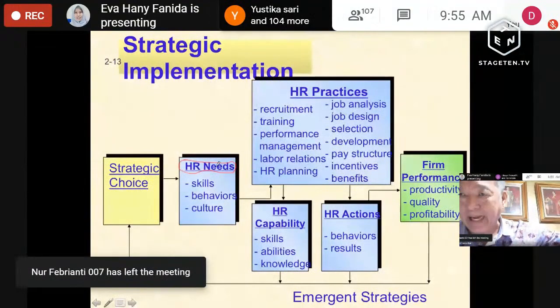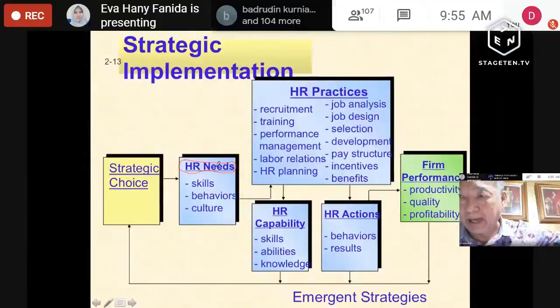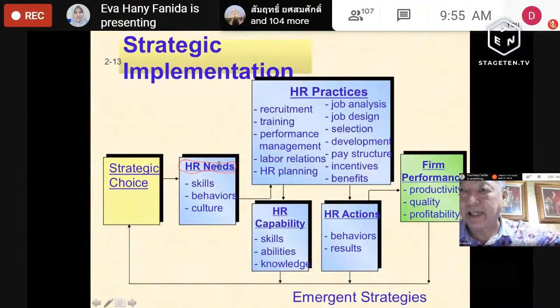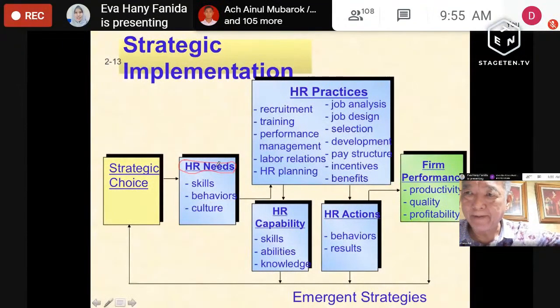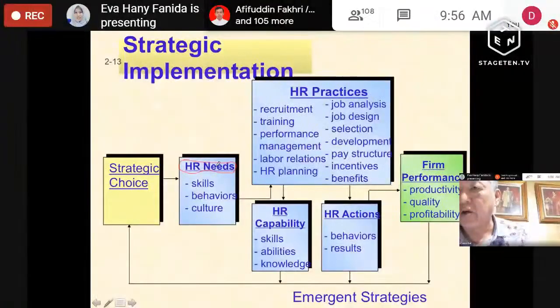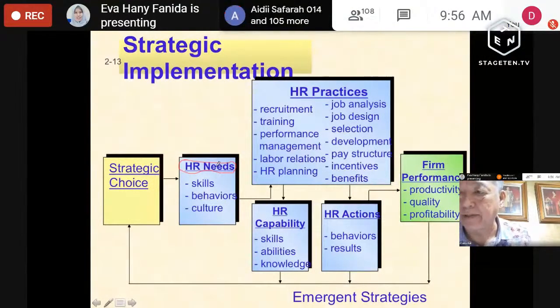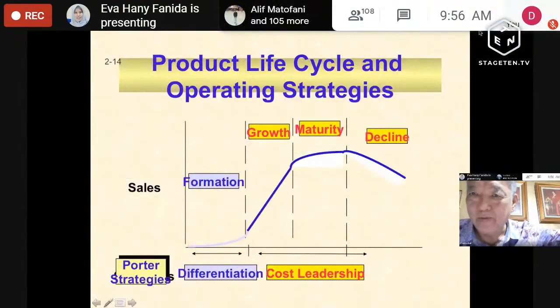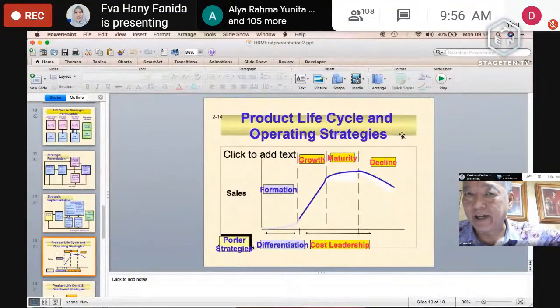Right now, the next page. We will come back to this page again later. But we will go to the next page because we are going to talk about different strategies in different situations.